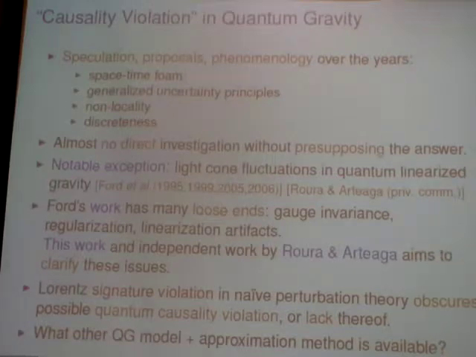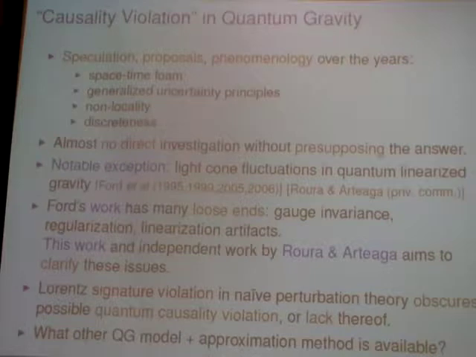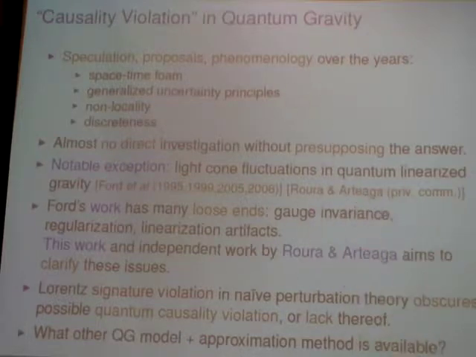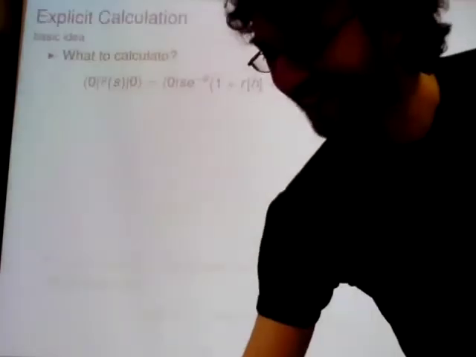In the calculation I presented, one can explicitly see that this does happen, but because of the methods by which the result was arrived at, one cannot actually make very strong conclusions about what happens in the full nonlinear theory. Still, one can find a lot of phenomenological work based on these ideas. So, be skeptical. That's the main message of this slide.